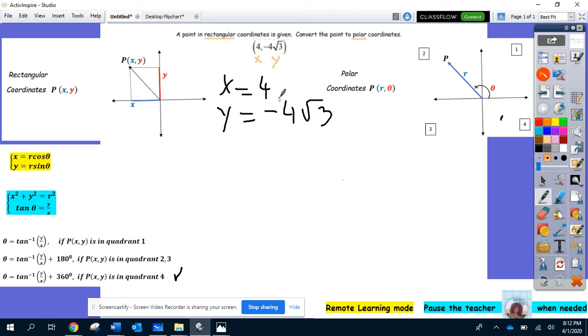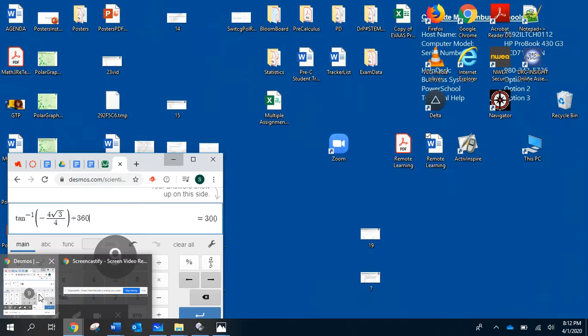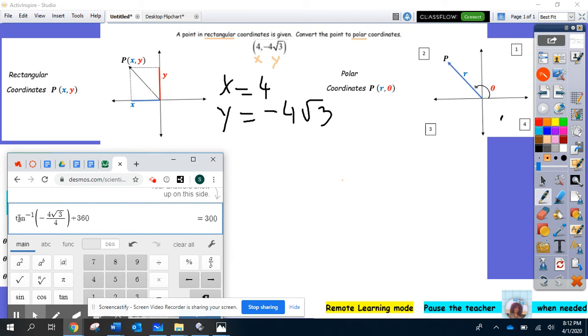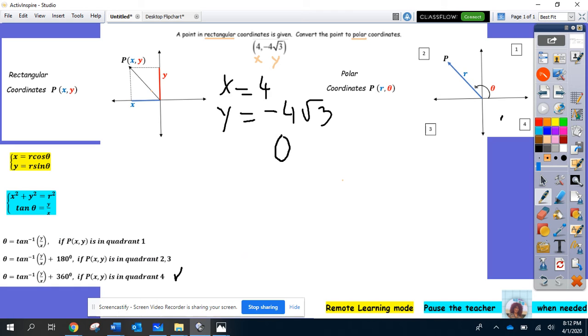We just plug in the y and the x in this formula and add 360 degrees, and the Desmos Scientific Calculator will calculate this for us, so you can see very well that our angle will be 300 degrees. You check again that you are on the angle feature. So your angle theta will be 300 degrees.